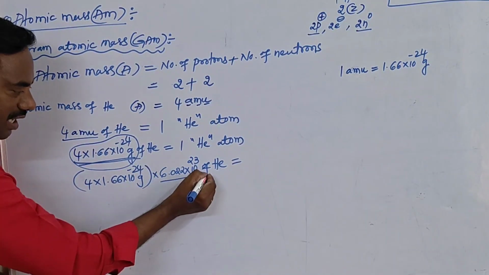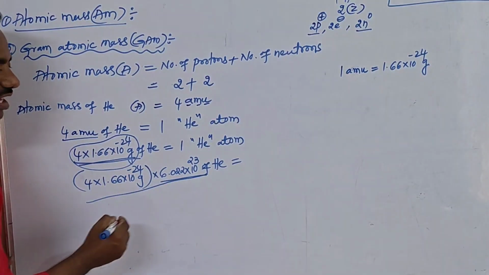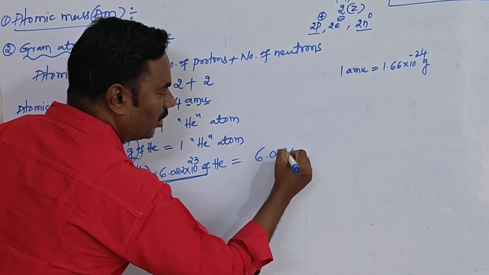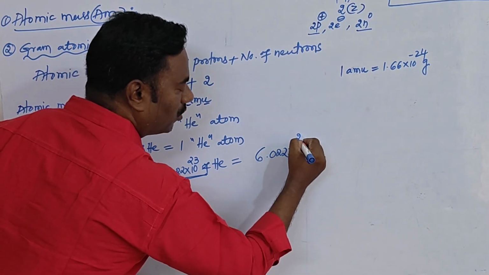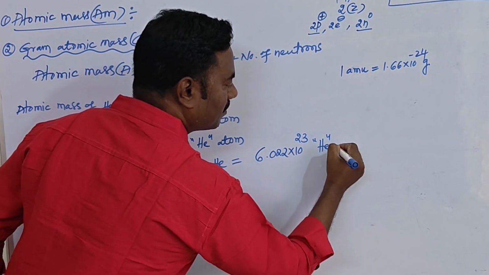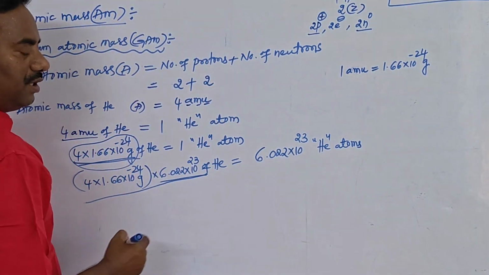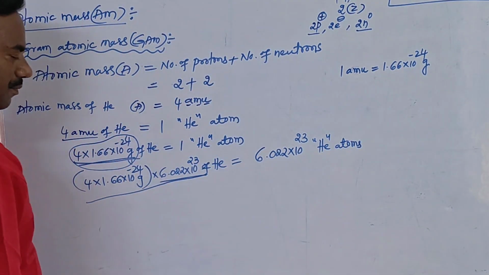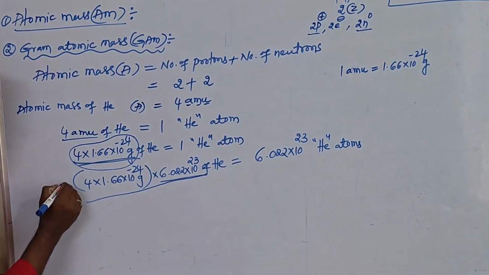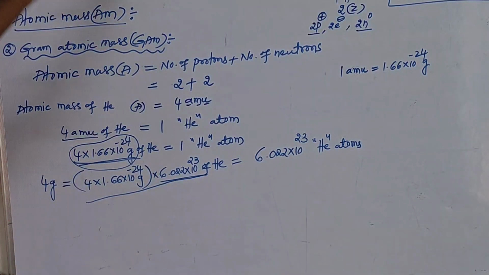Now my question is, in this entire value, how many helium atoms are there? 6.022 into 10 to the power of 23 helium atoms are there. These many helium atoms are there. If you simplify this one, it is equal to 4 grams.